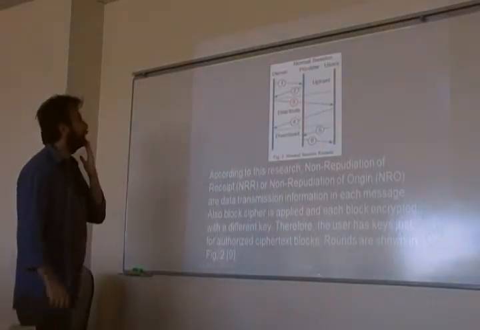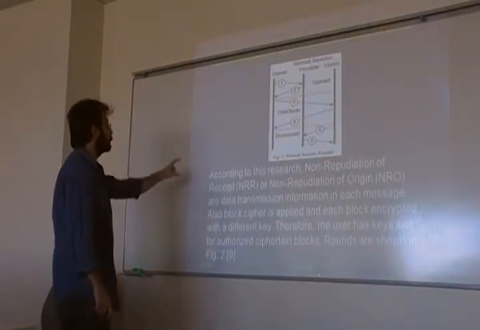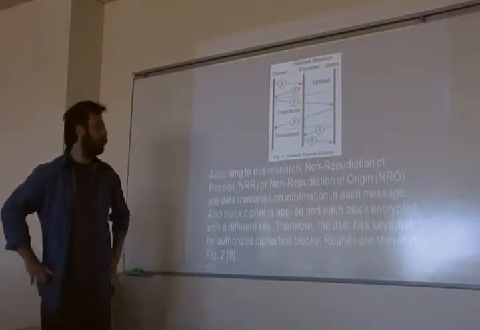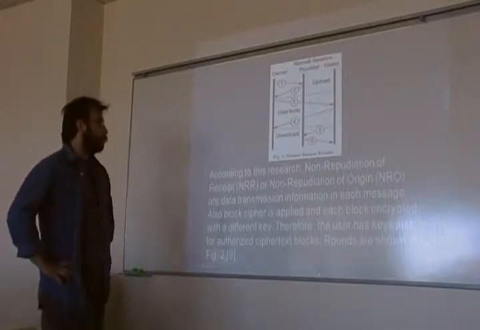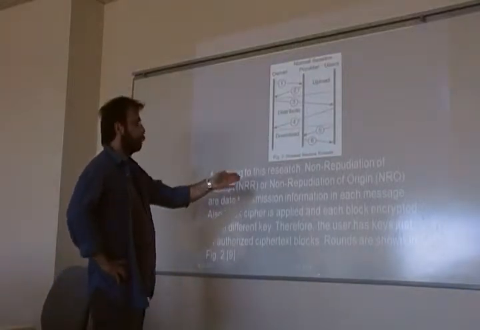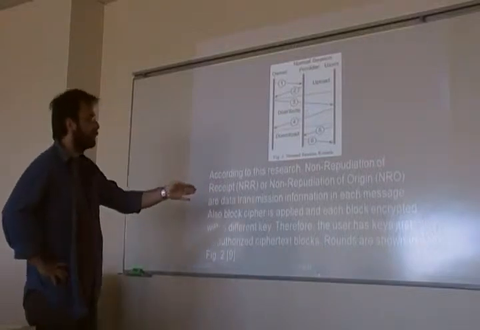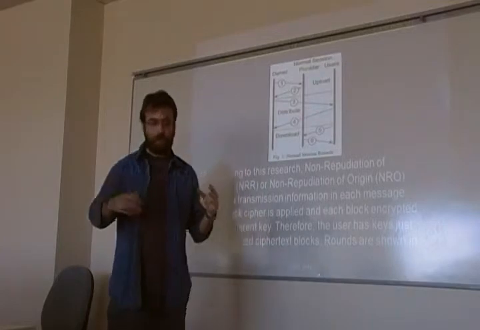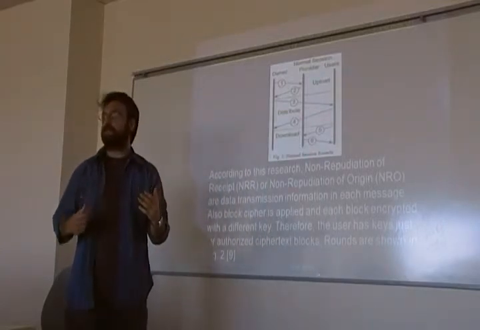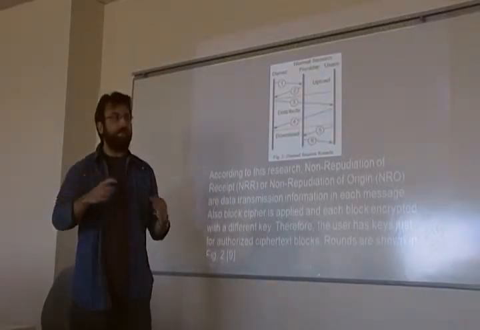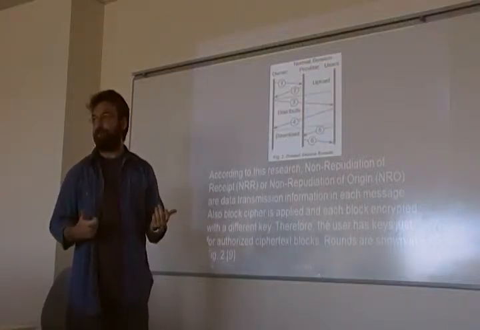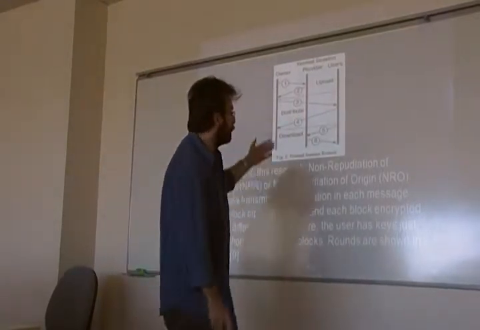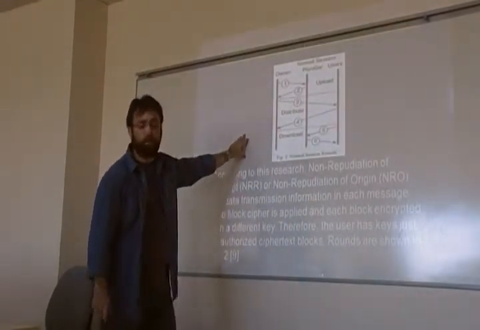Let's see another one. I think this one is a short paper and currently being researched. According to this research, non-repudiation of receipt and non-repudiation of origin are informed in each data transmission message. So assume that when sending and receiving messages, you add hidden information in them, and this specific information ensures non-repudiation.